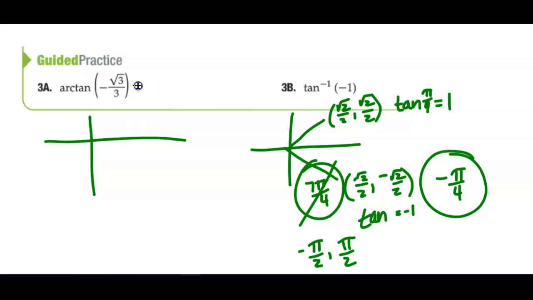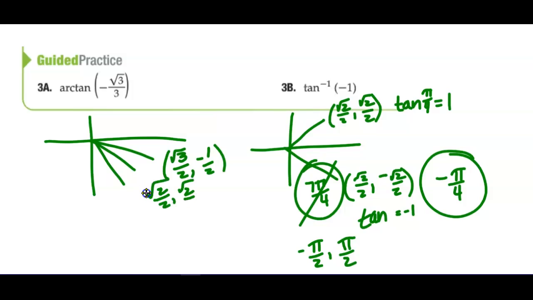This one is really tricky. Nowhere down here is there anything that's going to tell us the tangent is this. If I wrote these down real fast, I would have right square root of 3 over 2 down a half, right square root of 2 over 2 and down square root of 2 over 2, and right 1/2 and down square root of 3 over 2. So it has to be at one of these that has a square root of 3.